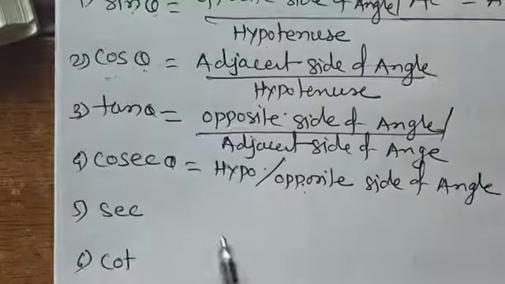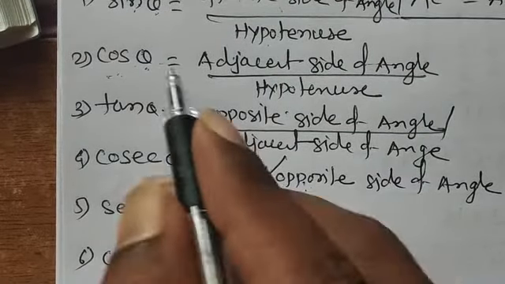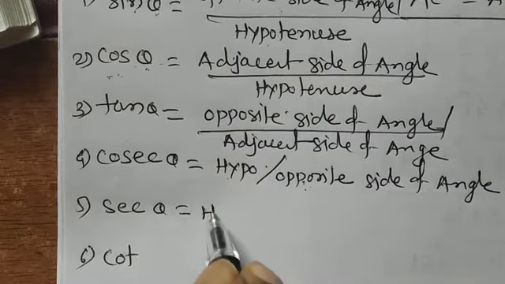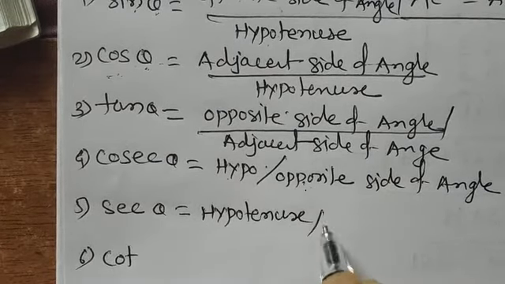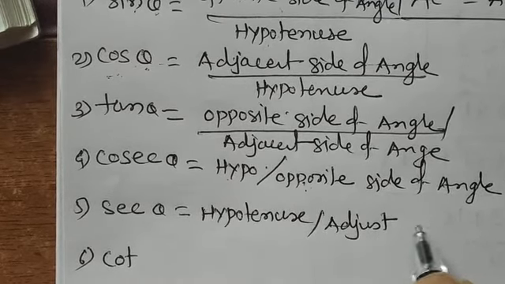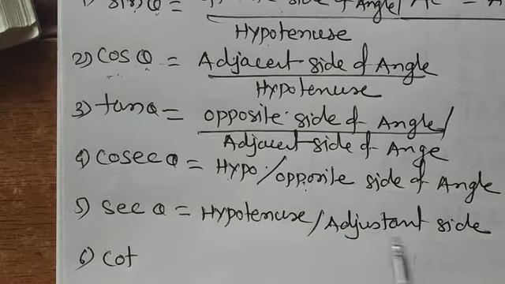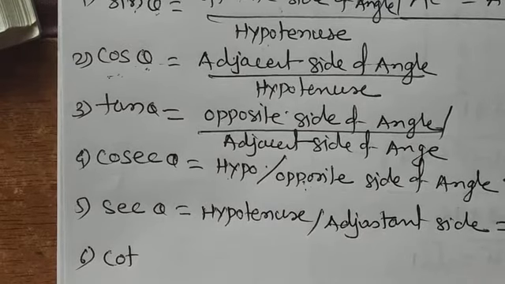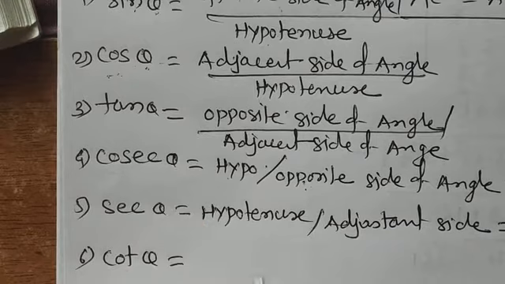Same as sec theta. Sec is again the inverse of cos, that is hypotenuse upon adjacent side, that is 1 by cos theta. Now cot theta is again the inverse of tan.